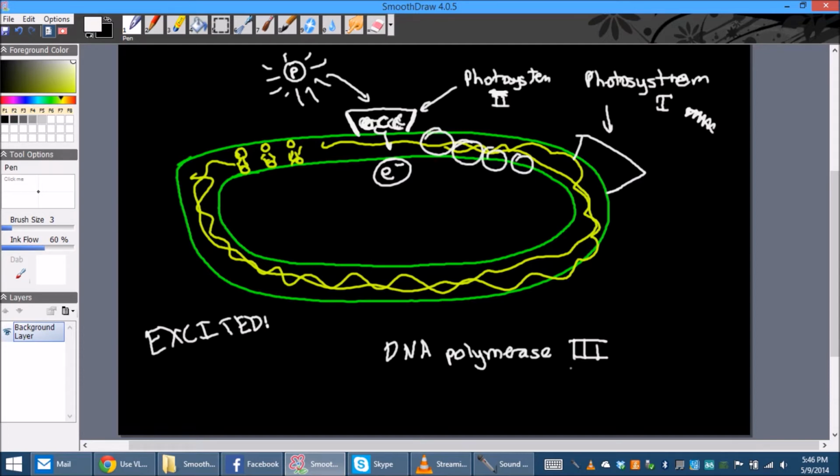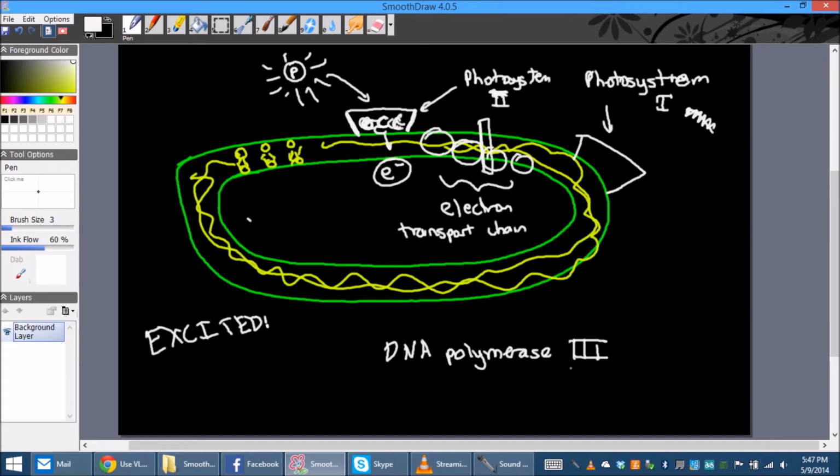And this electron isn't just going to go into space. It goes down a network called the electron transport chain, which is just a bunch of proteins. This is the electron transport chain. And as these electrons move down the electron transport chain, they lose energy.